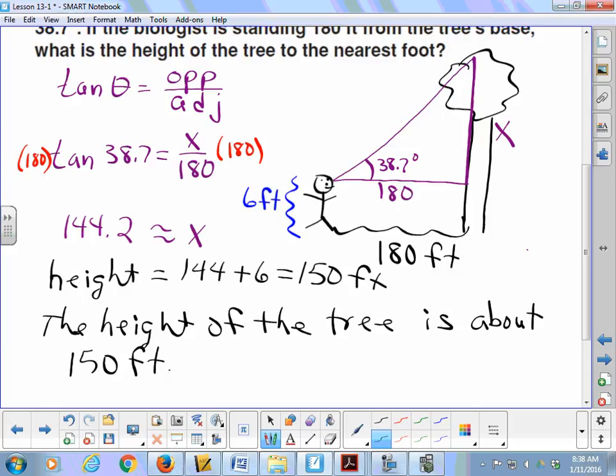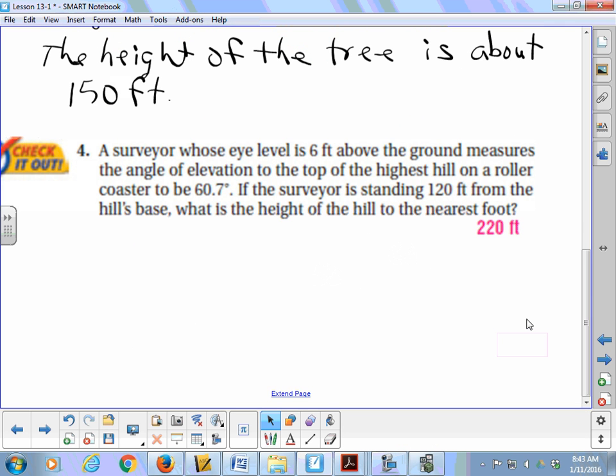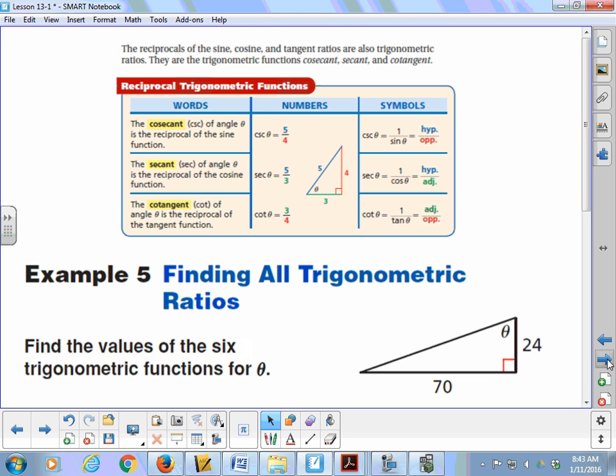Okay, height of the tree is about 150 feet. All right, last one.